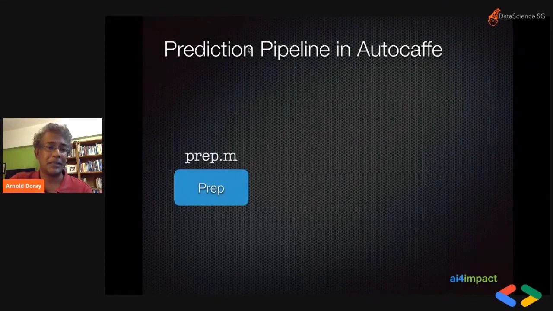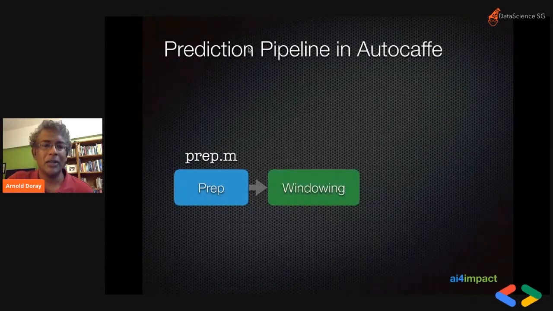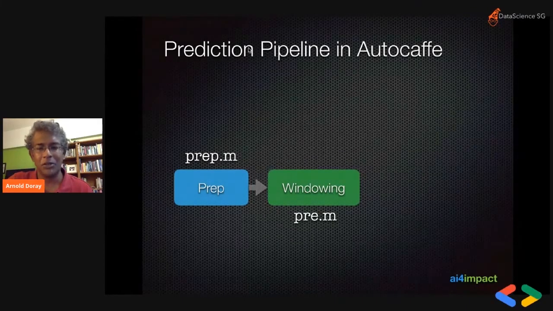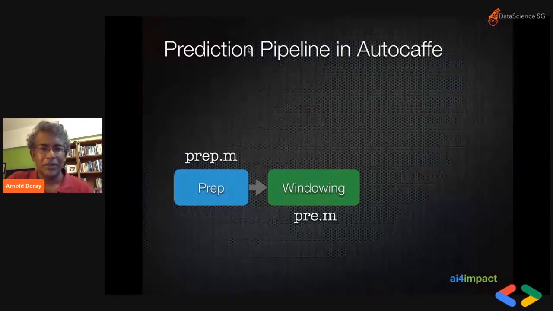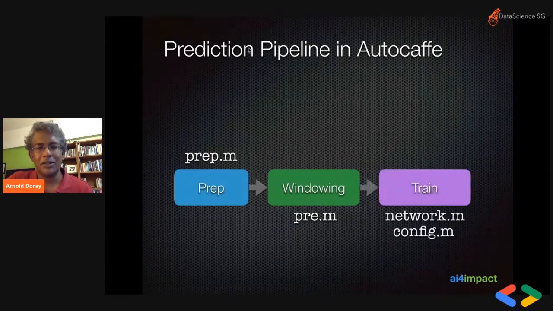In AutoCAD, we have a very similar mapping. You've got a prep script, and that goes into a windowing script called pre.m. I'm telling you this because I'll go through the system later on so you can see it for yourself, and it gives you a fixed point to think about. Then you've got the training, and the train stage is defined by two things, a network and a config.